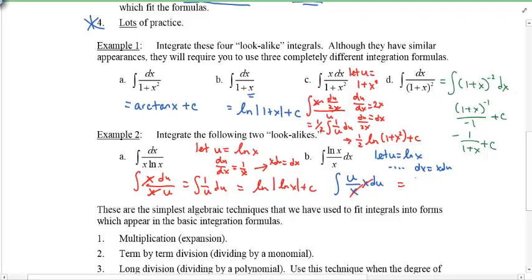So the integration of u du just becomes u squared over 2 plus c, and therefore we can replace the u with natural log of x all squared over 2, plus c. So once again, two lookalike functions, two very different solutions after doing the integration.